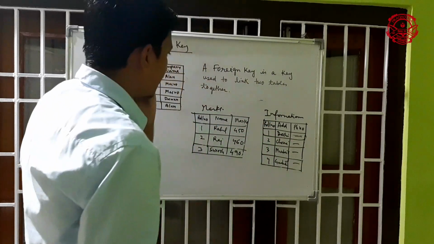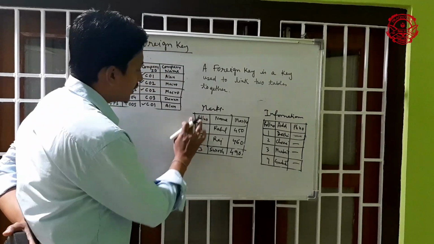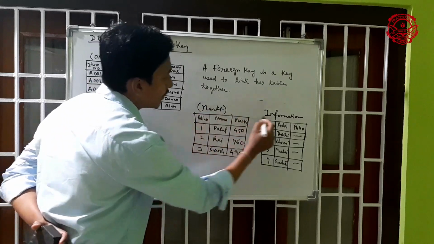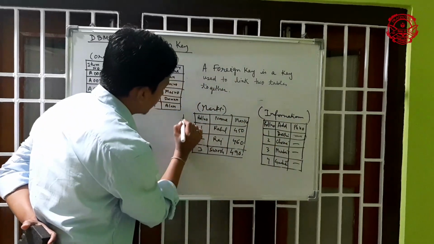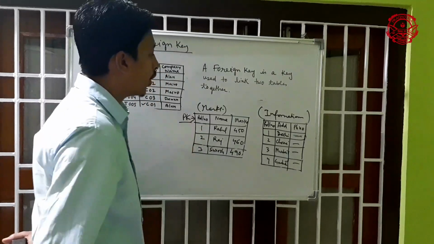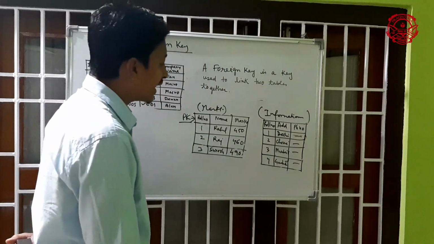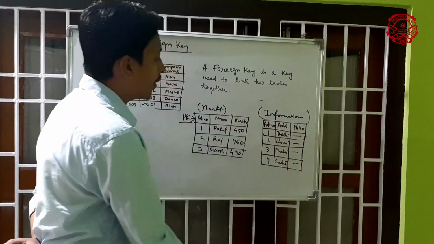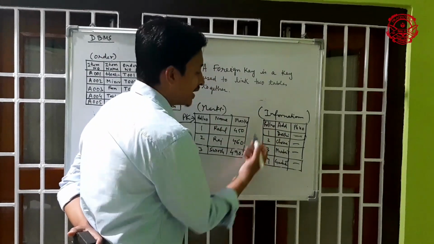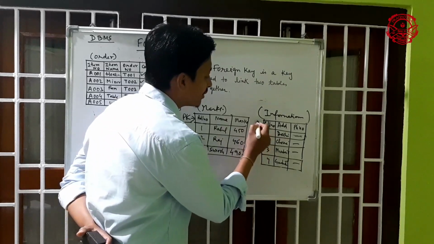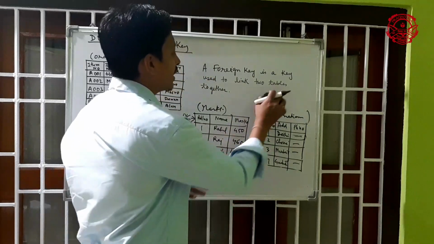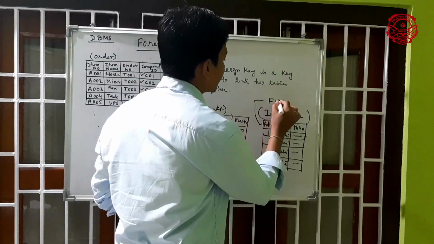Now see, in these two tables there are two primary keys, one in the marks table and one in the information table. We can create a link between these two tables with the help of the roll number. But here this roll number is not the primary key, it is a foreign key.